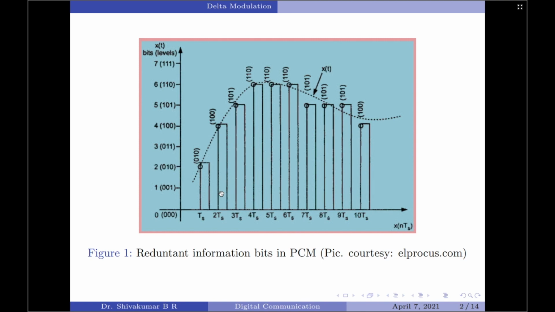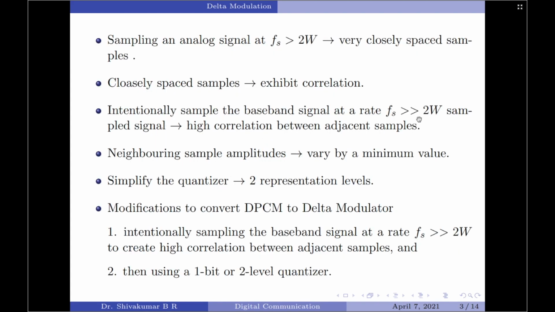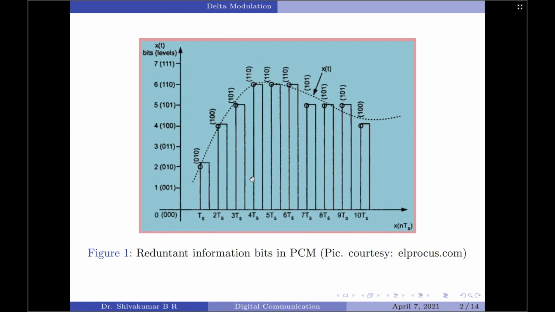We should note that sampling an analog signal at a rate much higher than the Nyquist rate, that is Fs greater than 2W, will create a sampled signal that will have its samples very closely spaced. So, we will obtain an output waveform which looks pretty similar to what we have here. Now, we have already established in our previous discussion on DPCM that closely spaced samples will exhibit high correlation.